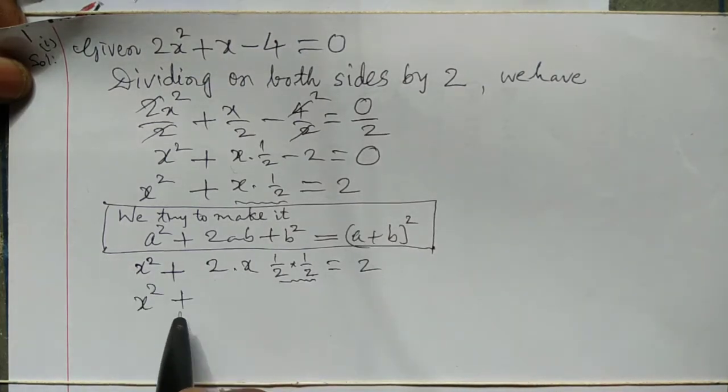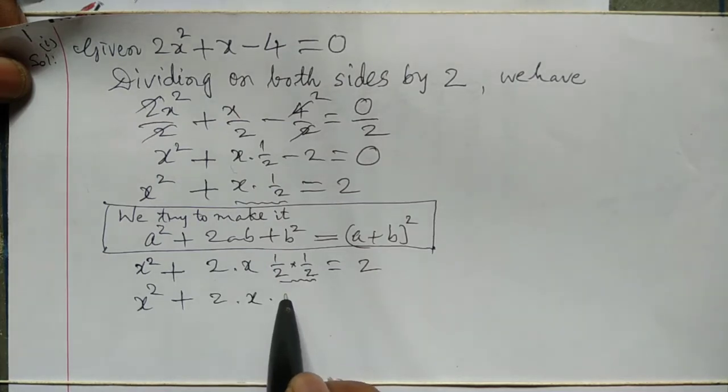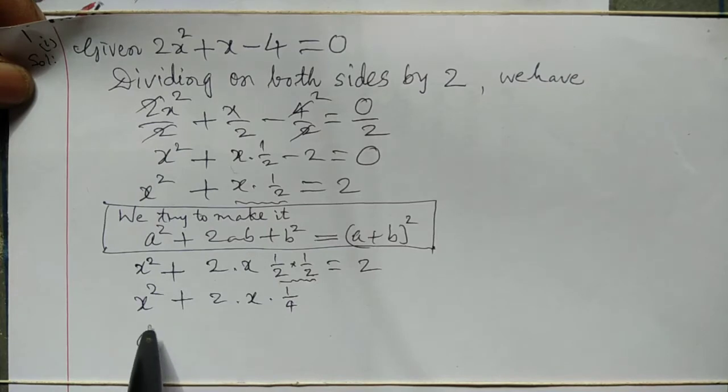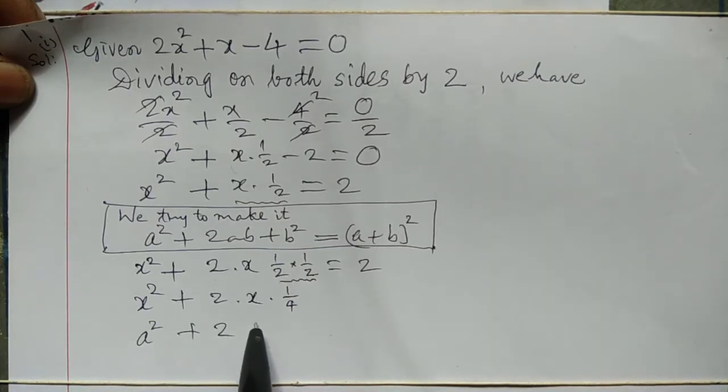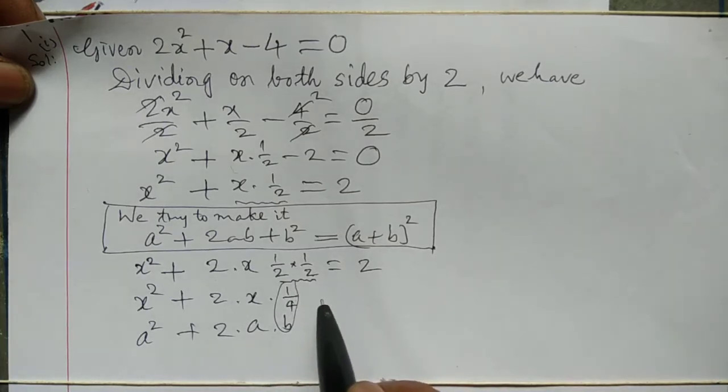So x² plus 2ab, and in place of b we have 1/4.